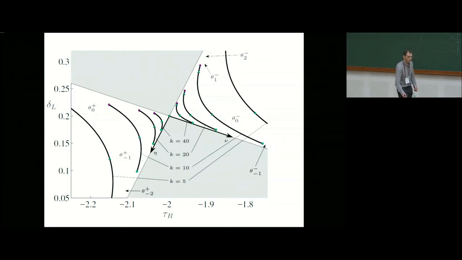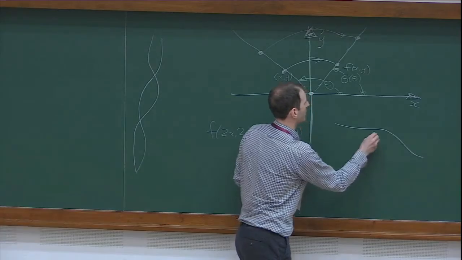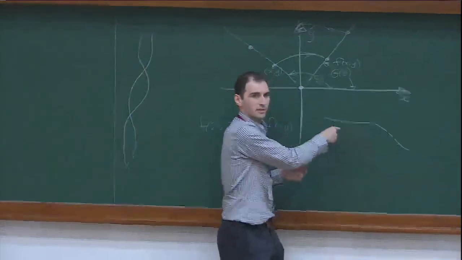But a slow manifold, or possibly a center manifold. If you think about a 2-dimensional map, like I've got here, I can have a 1-dimensional manifold, and the idea is that as I iterate the map, I'm converging to this manifold.